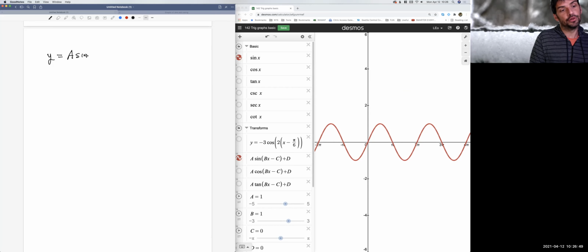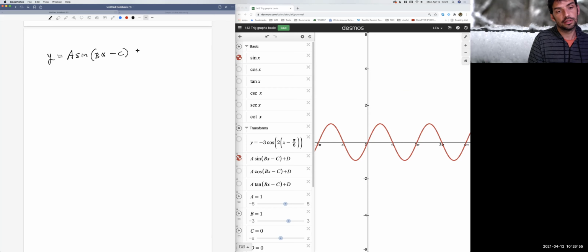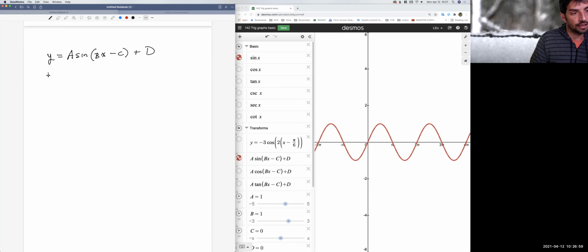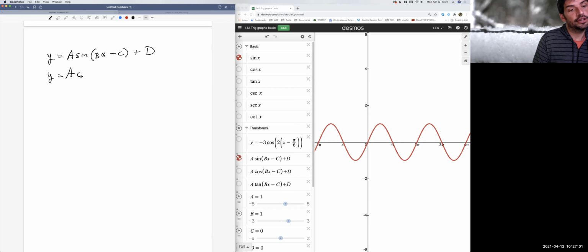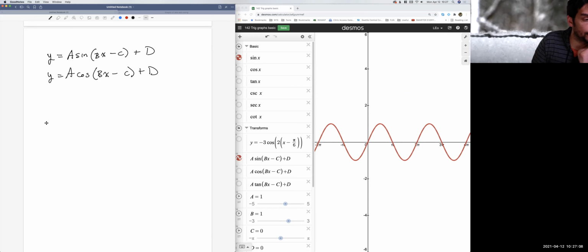Let me just finish by summarizing what we have. We're looking at these sinusoidal functions, y equals a cosine of bx minus c, plus d. And we've come to the following conclusions.